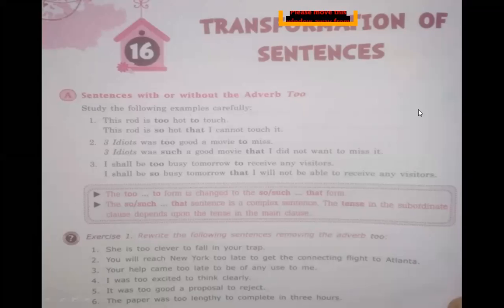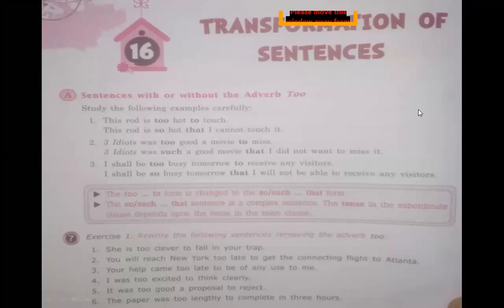Right, everyone, see this once again. You will reach New York so late that you will not get the connecting flight to Atlanta. Right, everyone? The rest of the sentences of this first exercise, you all will do yourselves. And that should be quite crystal clear to all of you.